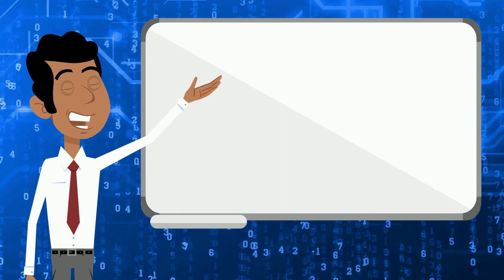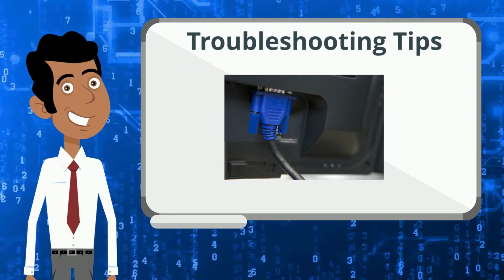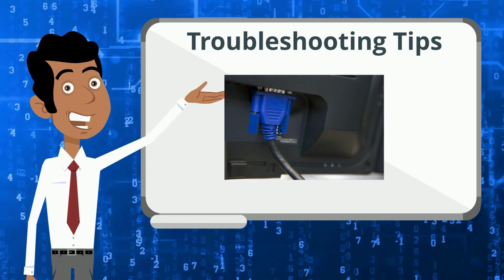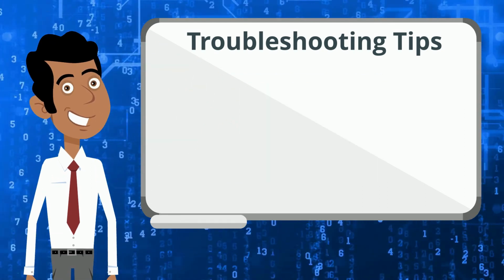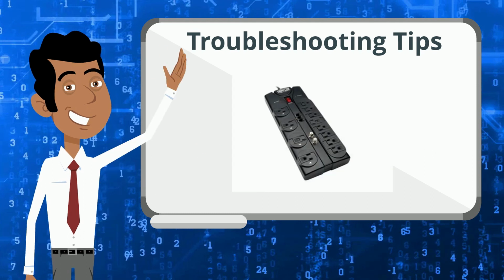Here are some tips for common technical issues. First, check your computer cables and connections to make sure they have not loosened or come unplugged. Sometimes things shift around without you noticing, and it's an easy place to start. If your computer is plugged into a surge protector, make sure it is turned on. It is often a good idea to reset the surge protector by turning it off and on, just in case this is the source of your problem.